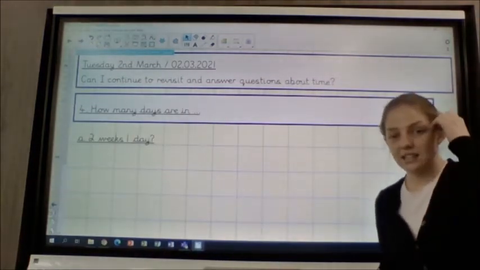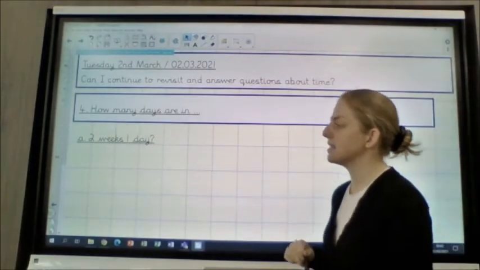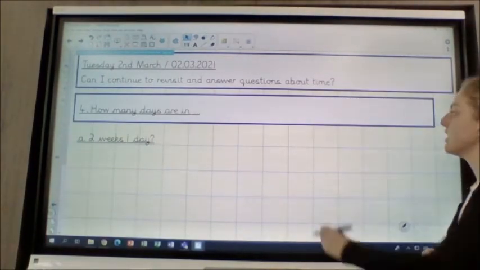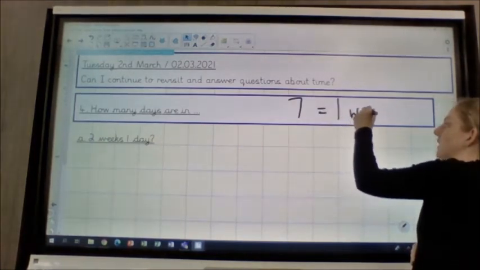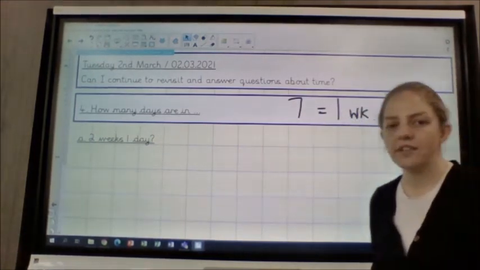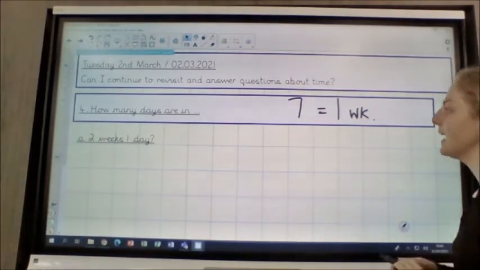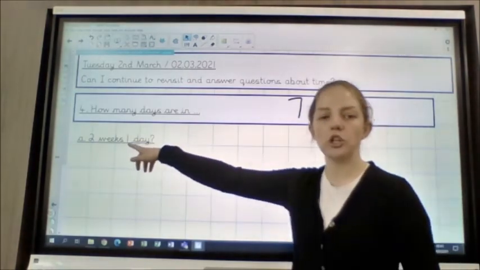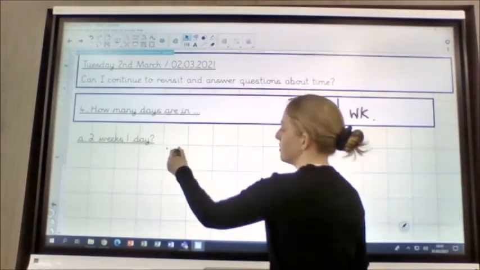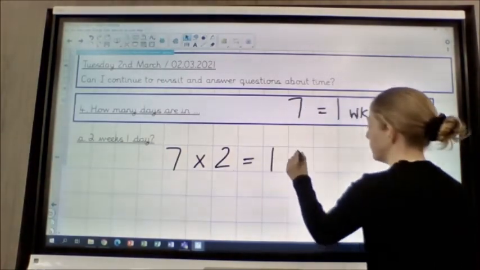And my last question for today in your workbook is how many days are in? Now I know straight away 7 equals 1 week. I know that there are 7 days in 1 week. So I will have to multiply by 7 to get my answer. It's saying 2 weeks and 1 day. So I need to multiply 7 by 2, which we all know is 14.